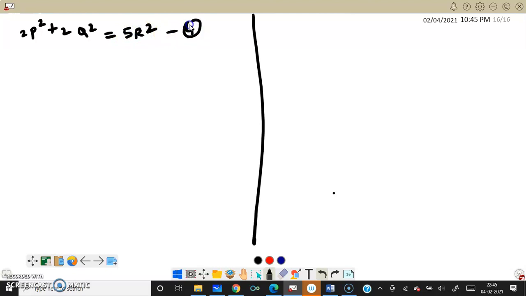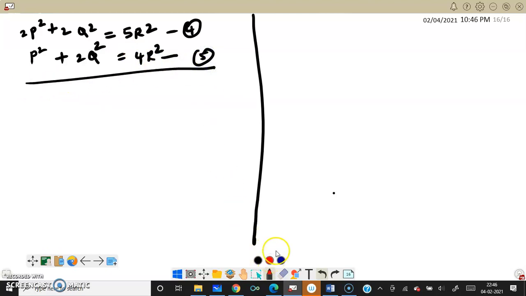This is my equation 4. Equation 5 is p square plus 2q square equal to 4r square. Subtract. The 2q square terms get cancelled. You get 2 minus 1, which is 1, p square equal to 4 minus 5, which is 1. So p square equal to r square.